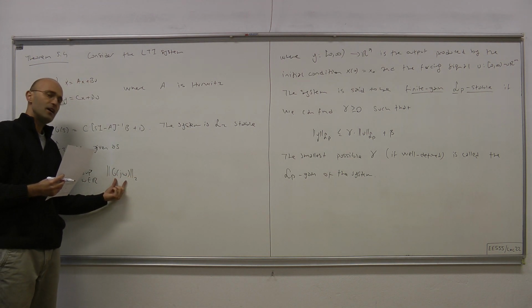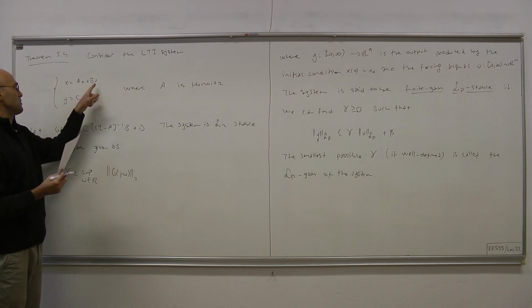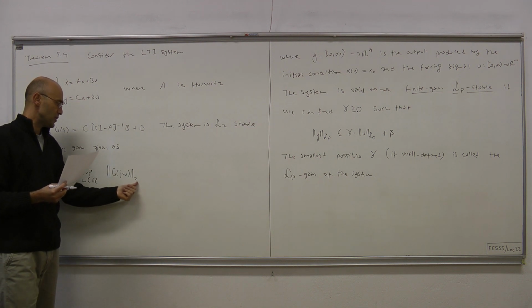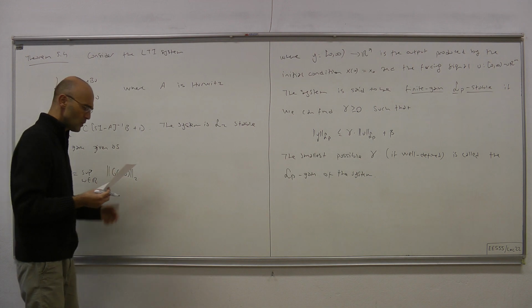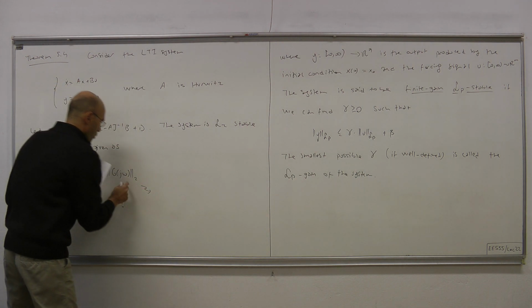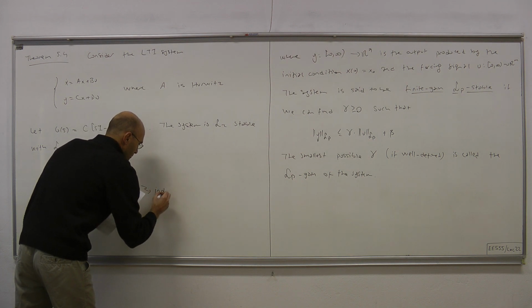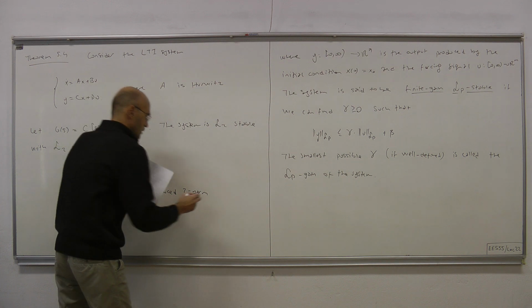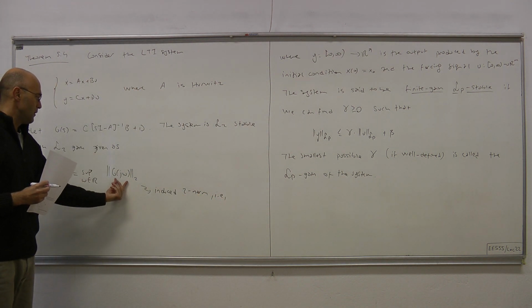Now, G of j omega is a matrix in general, unless both input and output are scalar signals. And what we do is we check the induced 2 norm of that matrix. Okay, so this is for all values of omega. This is the induced 2 norm. In other words, we're talking about the largest singular value of this matrix.